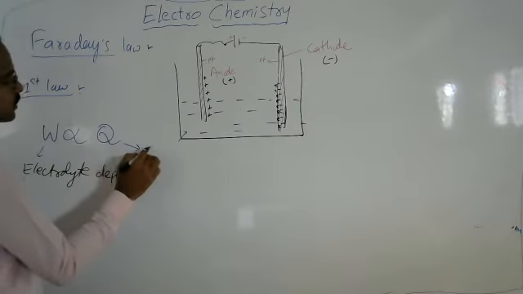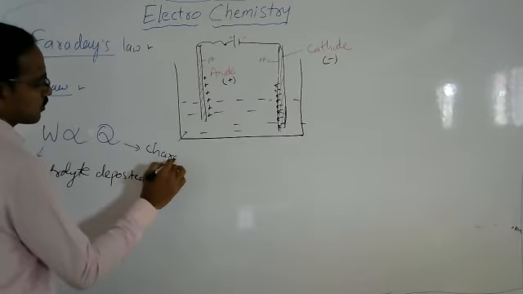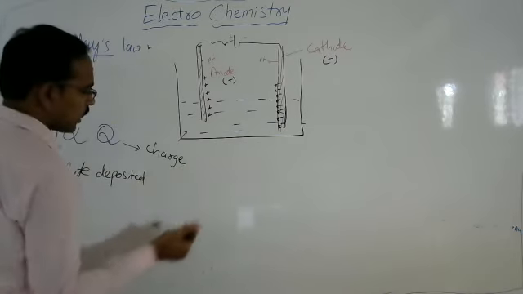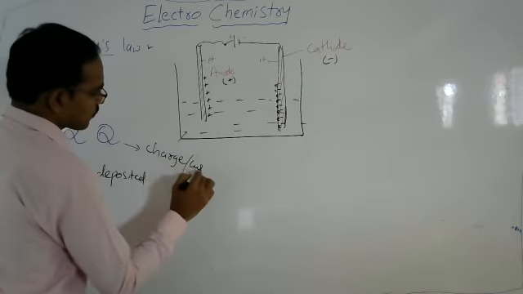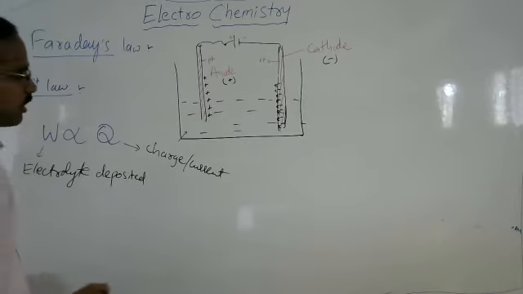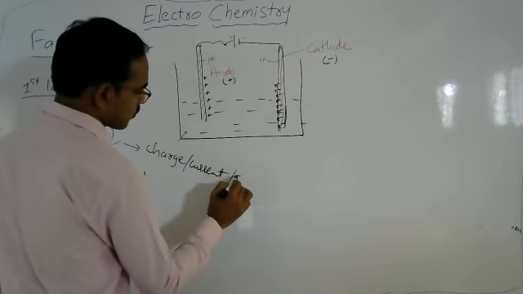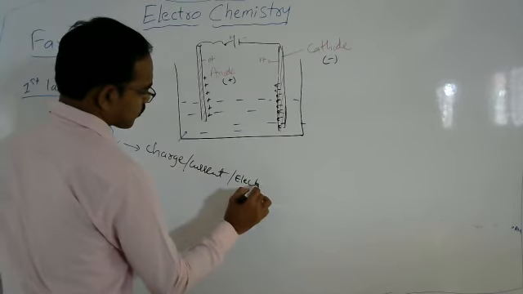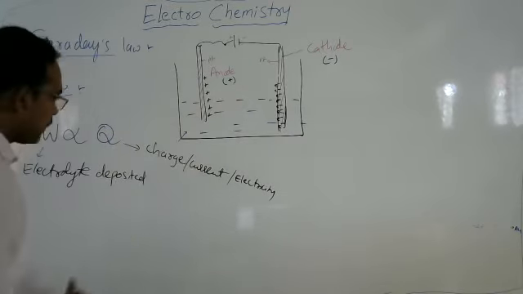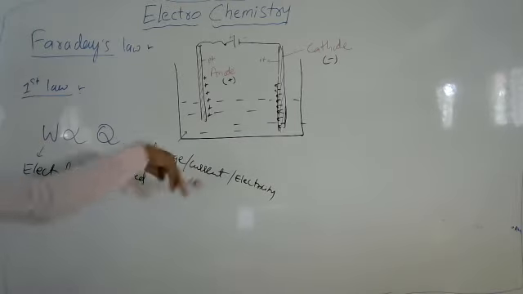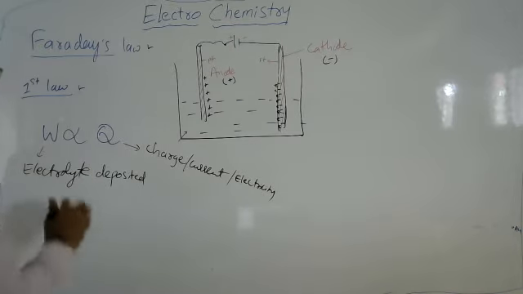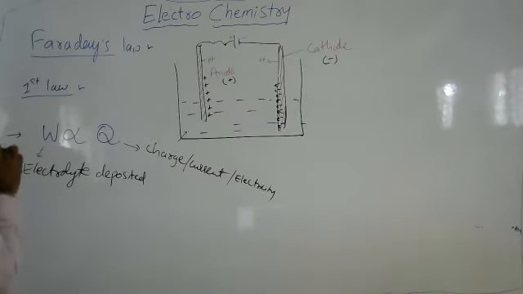Q is the charge which we send, or we can say current, electricity. How much charge we send is directly proportional to how much is deposited. Is this first point clear to everyone?